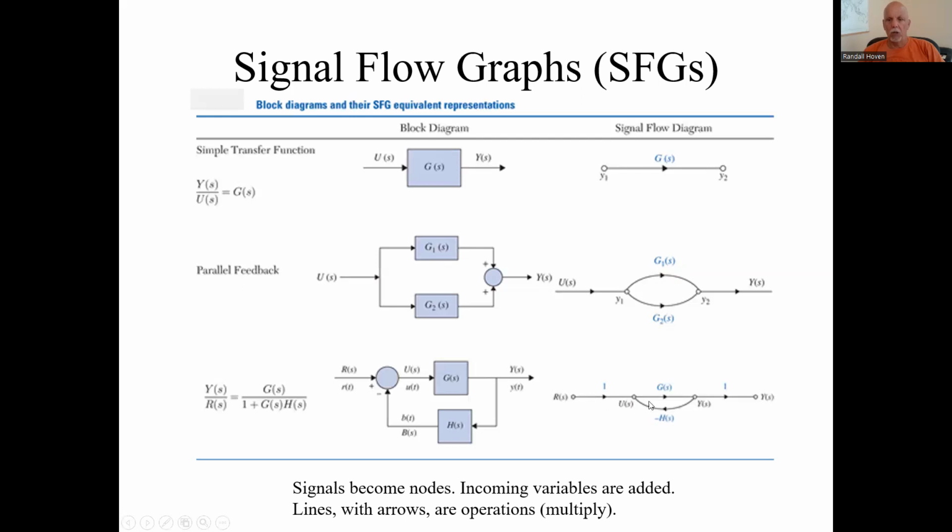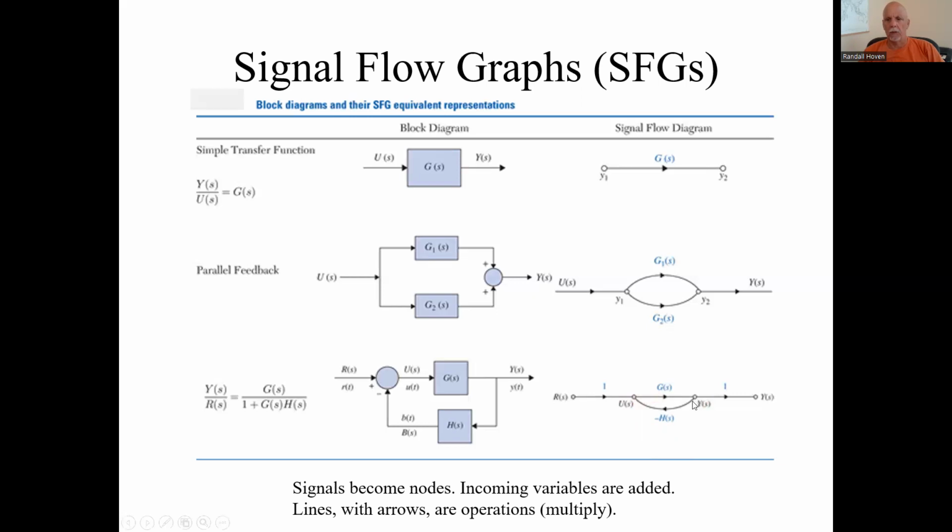It's going to be the sum of what comes into it. One thing that comes into it is R. The other thing that comes into it is this Y times the minus H. Y, H with a minus sign. That's a feedback path, and here you put the minus sign on the process rather than on the node or the summation.